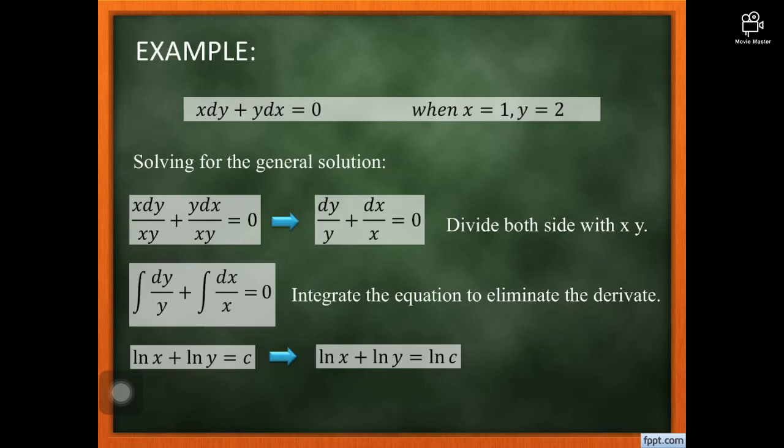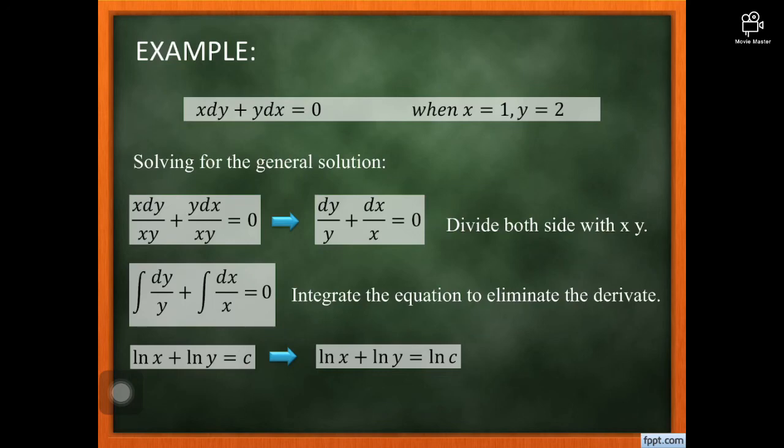To solve for the final general solution, we need to do this kind of step. I guess you have learned this in your integral calculus. I hope you have learned this, or you might want to review your integral so that you will recall how to integrate and solve for the final answer.